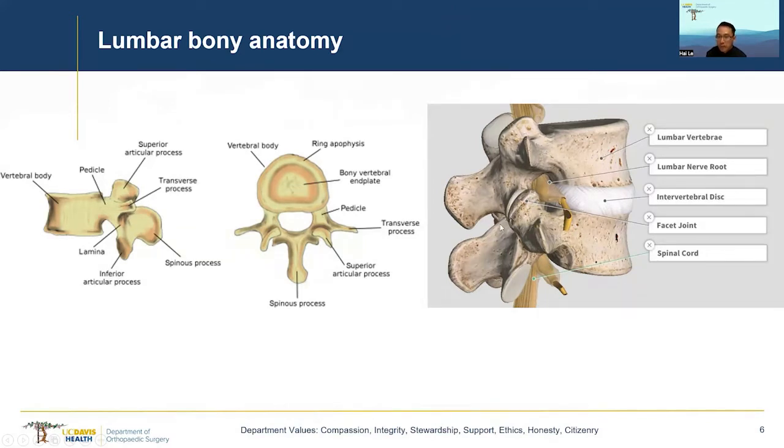So the facet is formed by the superior articular process of the lumbar vertebra below and the inferior articular process of the lumbar vertebra above, and that forms the neuroforamen for the nerve root to exit. And again, the foramen is surrounded by the disc, posterior vertebral body, and the facet. Okay, and so this will be helpful when you plan for surgery.